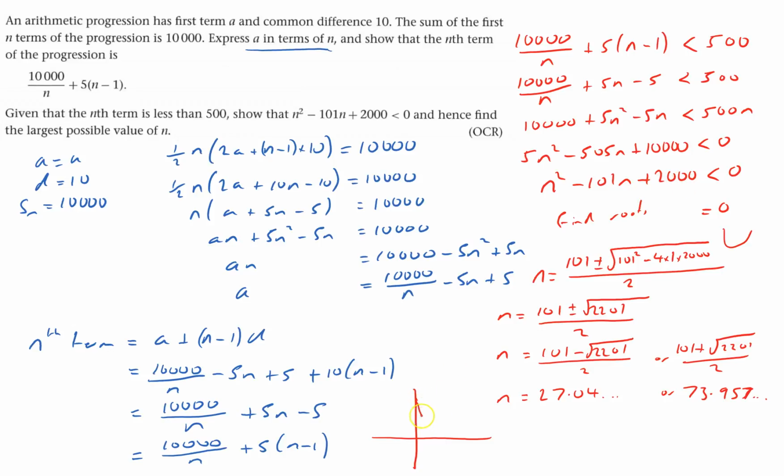We want to know when it is less than the line, and it's less than the line all the way between these two values: 27.04 and 73.957. We want the largest possible value of n, so it's going to be 73, because if it was 74 it would be just above 0. So the answer is 73, and that's done.